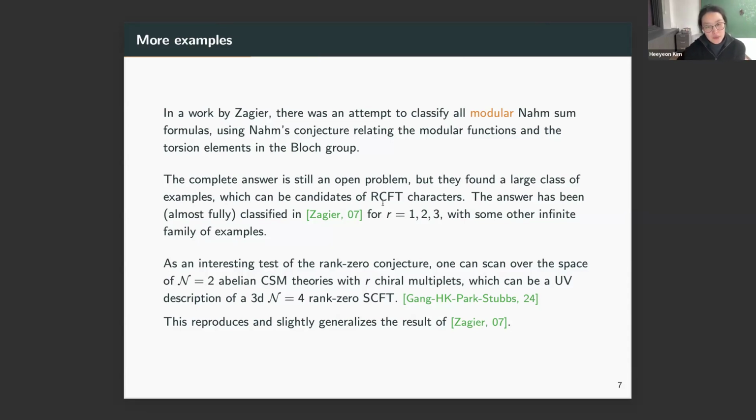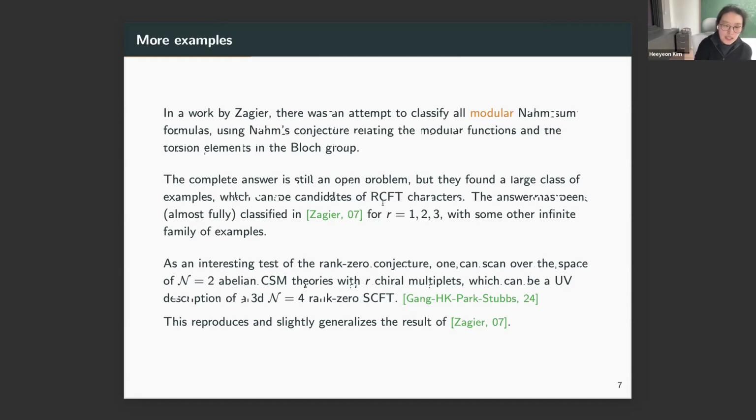And an interesting test of this rank 0 conjecture, the relation between the rank 0 theories and the rational vertex operator algebra that is supported on the boundary of the twisted rank 0 theories, is a natural question: whether you can perform a complete scan over the space of N=2 abelian Chern-Simons matter theories with R chiral multiplets, so that the half index gives rise to precisely the Nahm sum type formula that I showed you in the previous slide.